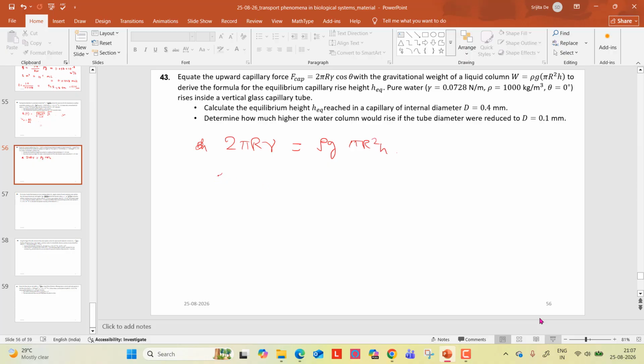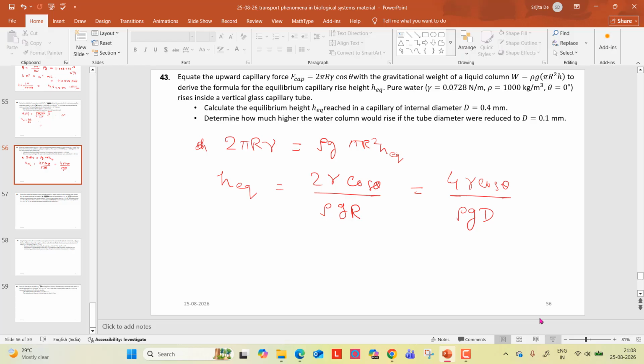From there we'll get h eq as 2 gamma cos theta by rho g r. Now you put the values, and in place of r you can write it as 4 gamma cos theta by rho g d. So if you put d equals 0.4 and gamma is given, cos theta is 0, rho is given, g is given, you will get the equilibrium height.